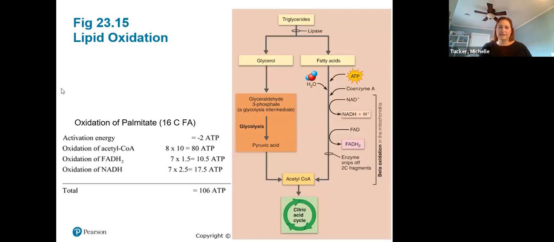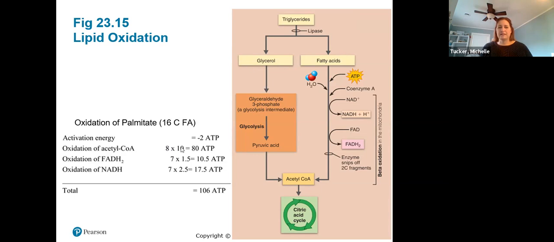And so that goes to this next one here, where every fatty acid loses 2 ATP to activation. And then acetyl-CoA, from a 16-carbon fatty acid, you get 8 of those.